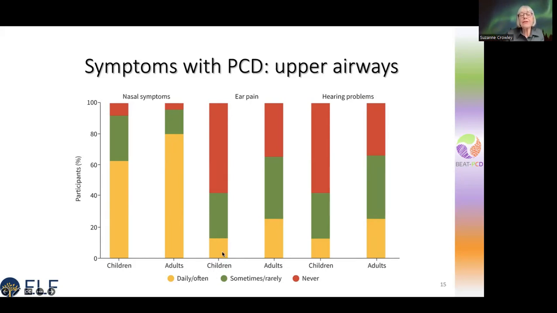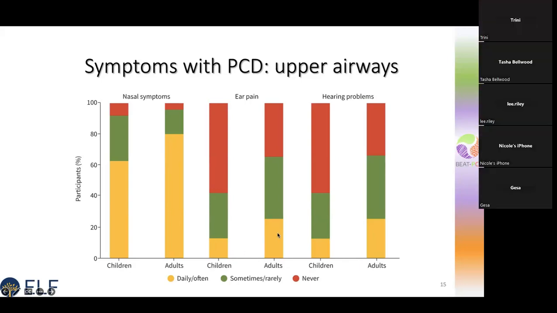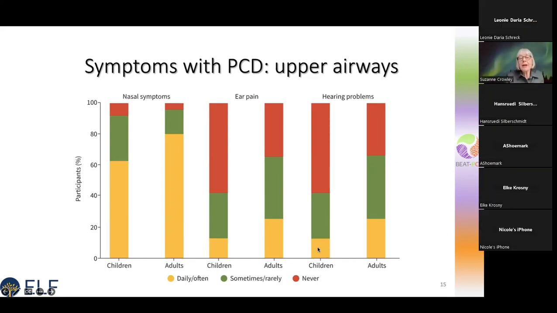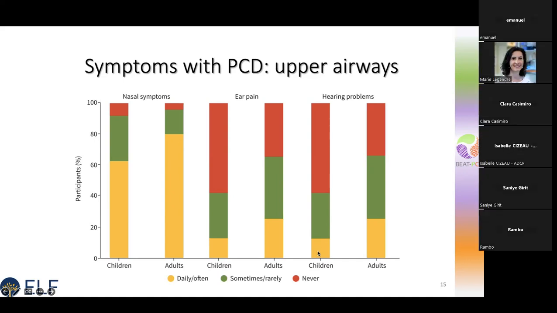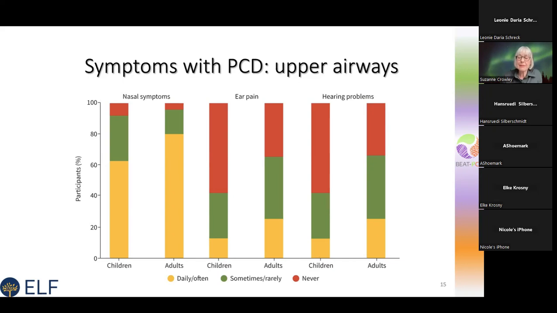About 1 in 5 children have daily ear pain, and about 1 in 3 adults. Hearing problems, about 15% of children will have hearing problems. Previously, we thought that hearing got better as people got older, but that does not seem to be the case. So about 1/3 of adults will report hearing problems.